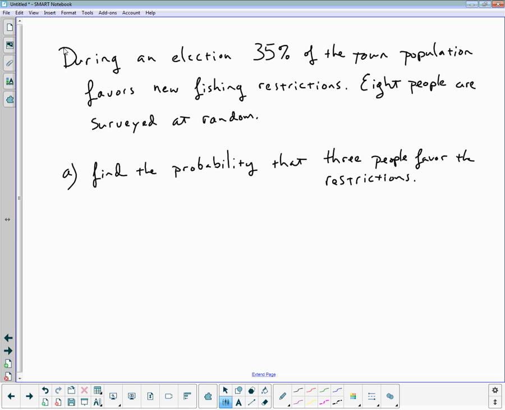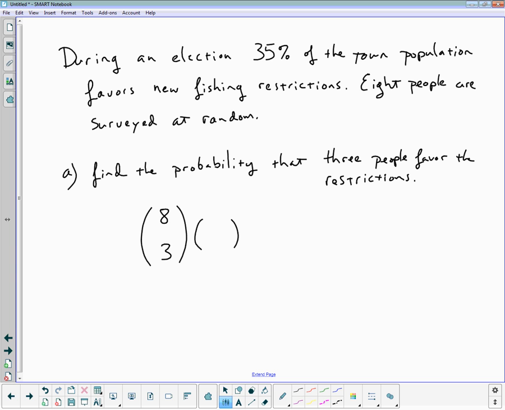Okay, so let's use our formula. N is what in this case? 8. K is what? What's going to go right in here? The probability of a win.